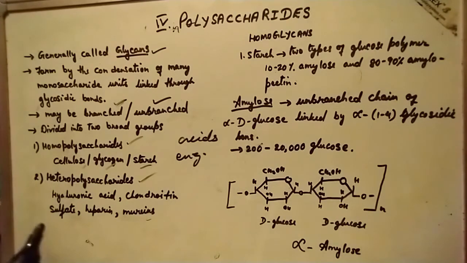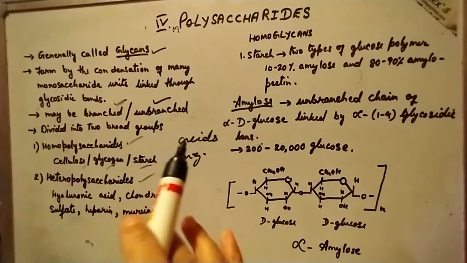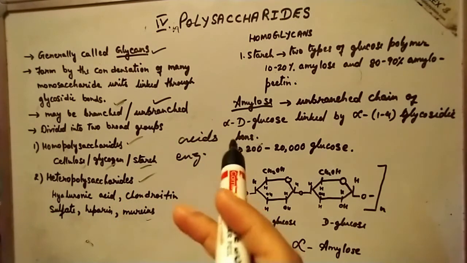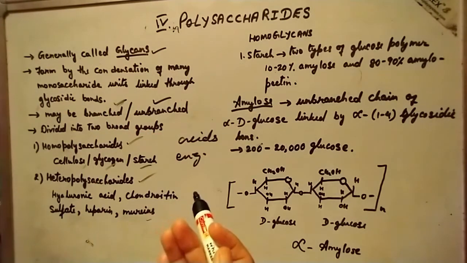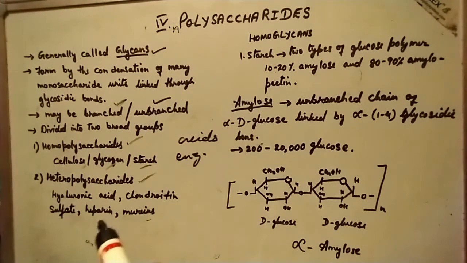These glycans or polysaccharides are formed by the condensation of many monosaccharide units linked together through glycosidic bonds, as we have seen in the case of disaccharides and oligosaccharides.